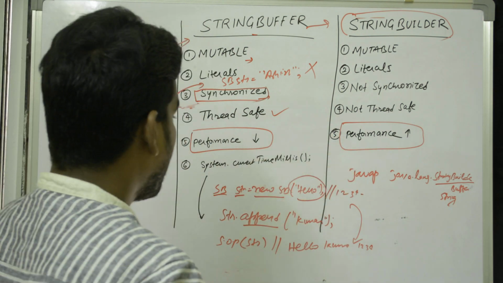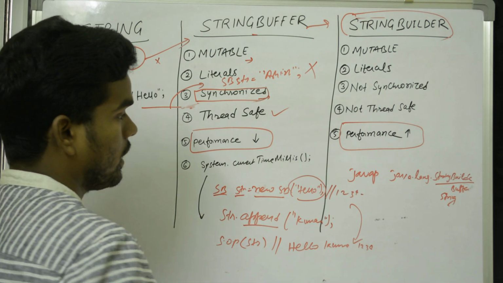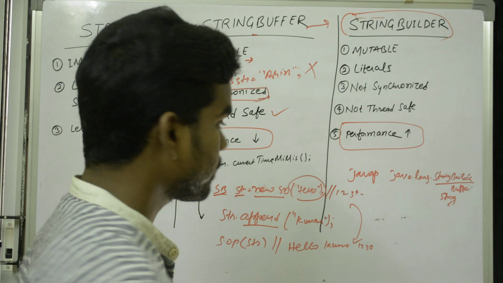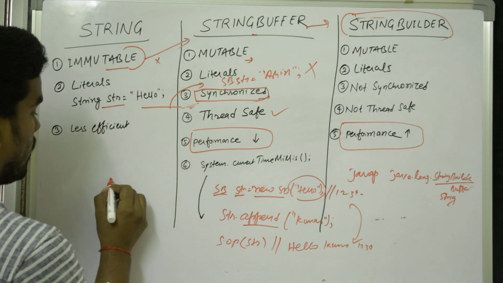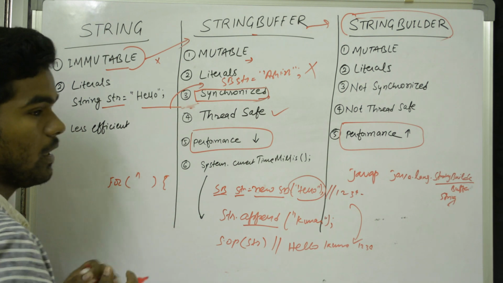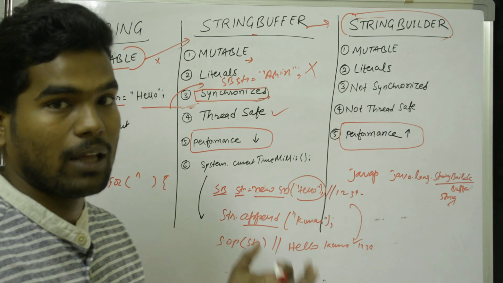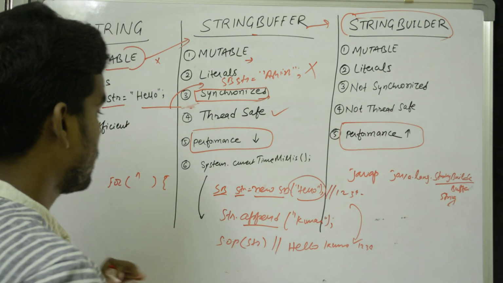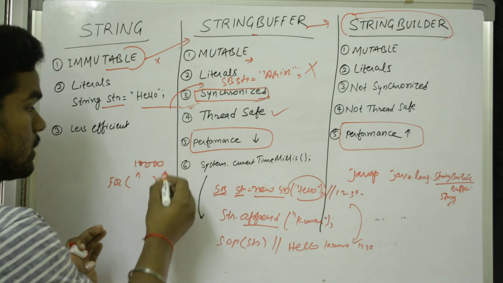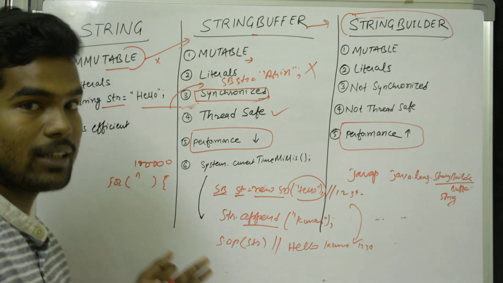Second thing is that we can check how it is more efficient. We will use one for loop. Simply I am using one for loop here. Suppose you take a large number so that it takes some time to create that object. Suppose I am appending some objects 10,000 or 1 lakh times.